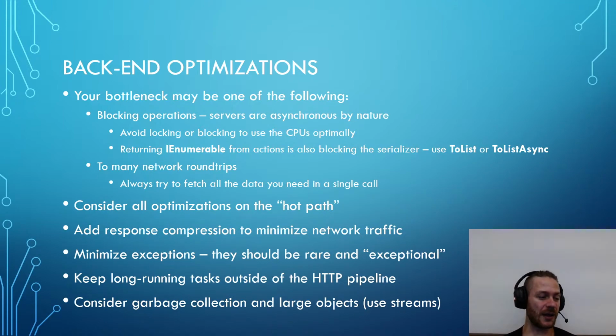Then have a background task, a hosted service in ASP.NET Core. It's very easy to start one, which checks every 5 seconds for new images which need to be processed and process them separately from the request response pipeline.